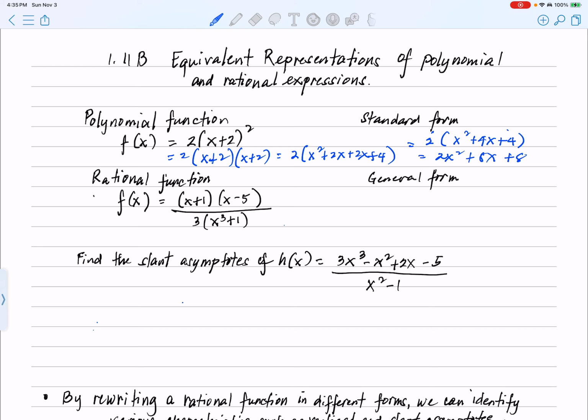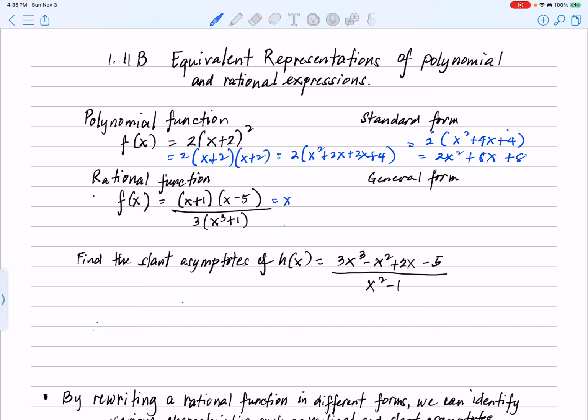You are given f of x equals (x plus 1) times (x minus 5) over 3 times the quantity of x plus 3, x to the third plus 1. If you try to do an inspection, you cannot find a common factor. That means we have to expand and multiply the numerator.